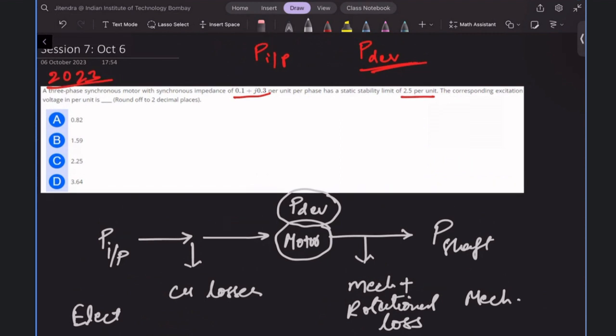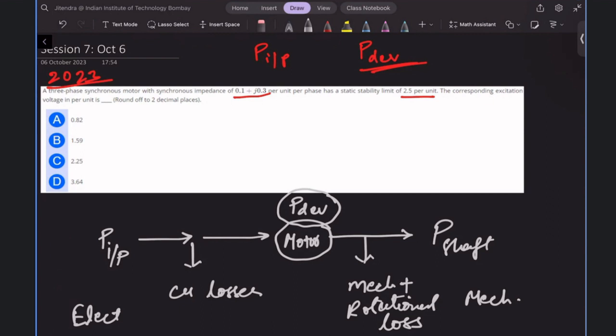When synchronous impedance comes in the picture with resistance, you have to go through the entire expression of developed power and find the maximum developed power. Many times we try to remember this expression. There is another way: you solve such problems so many times that automatically you remember.